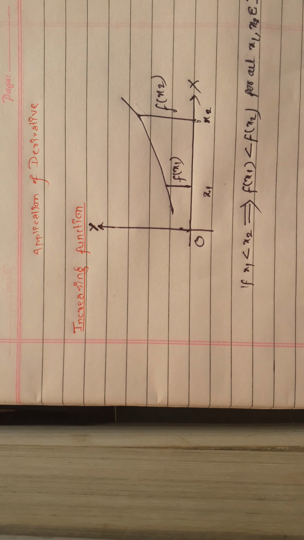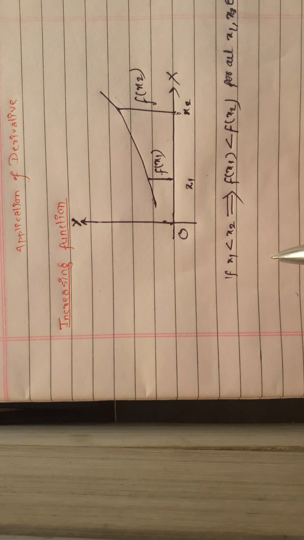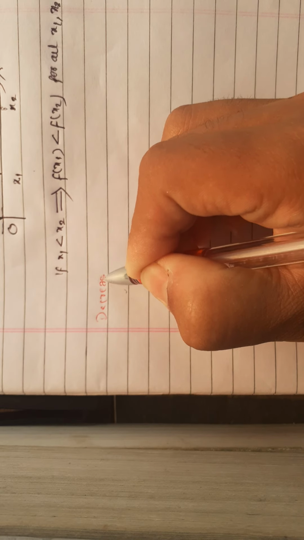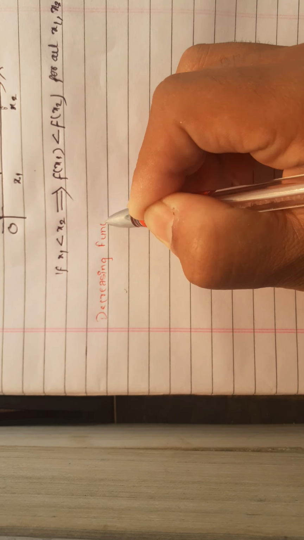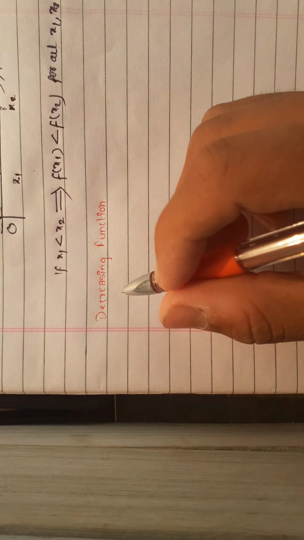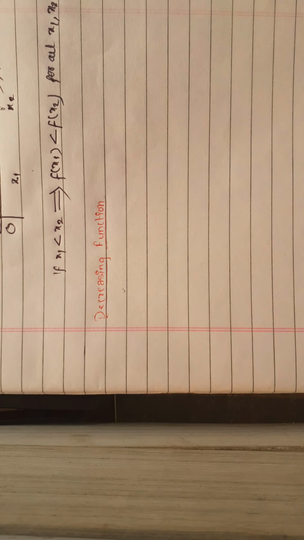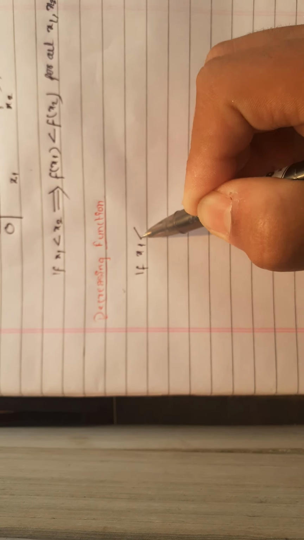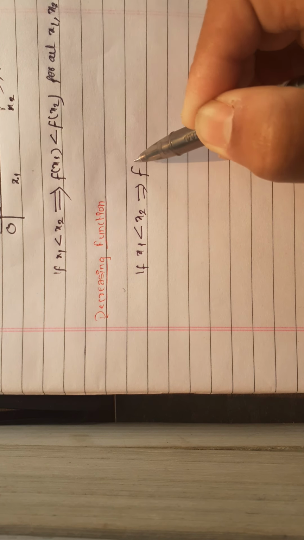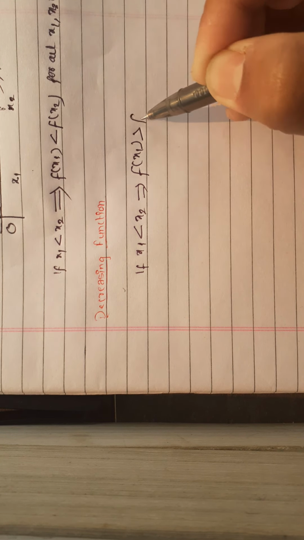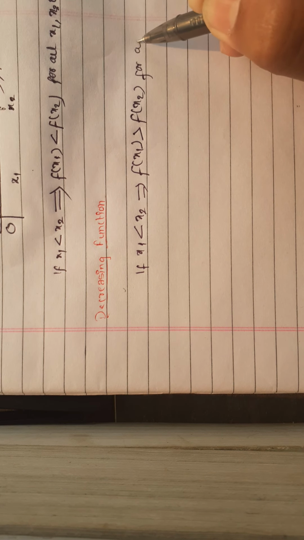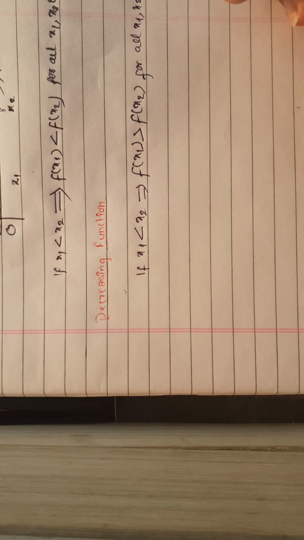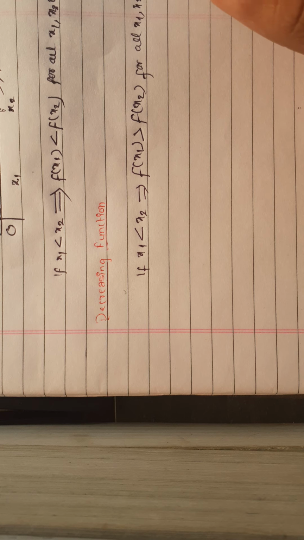And similarly, another is the decreasing function. A function is said to be decreasing if x1 is less than x2 implies f(x1) is greater than f(x2) for all x1, x2 belongs to I. Then you can plot the graph accordingly.